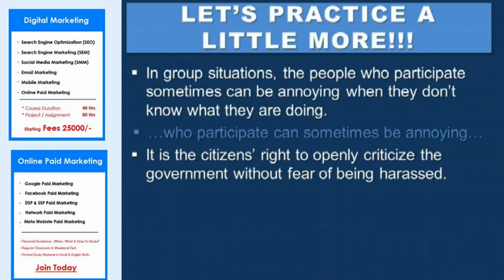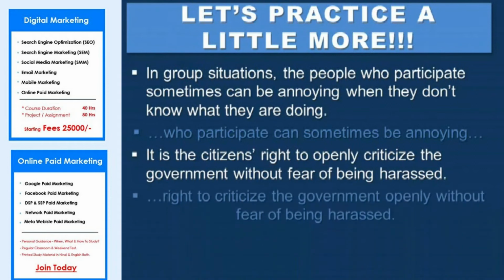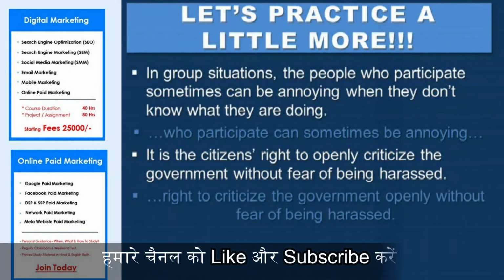It should not be split by putting a misplaced modifier in between. So openly is a split modifier again. It's a split infinitive once again. So that should be avoided. Let us see how to correct it. It is the citizen's right to criticize the government openly without the fear of being harassed.